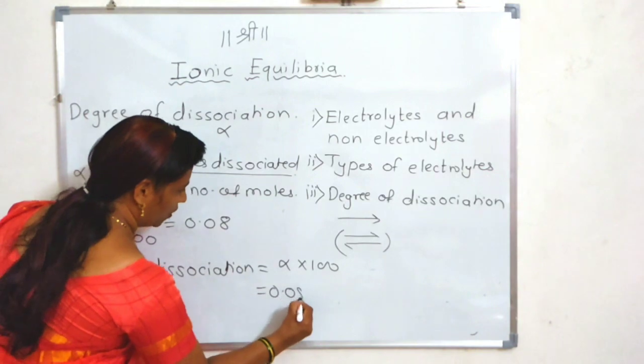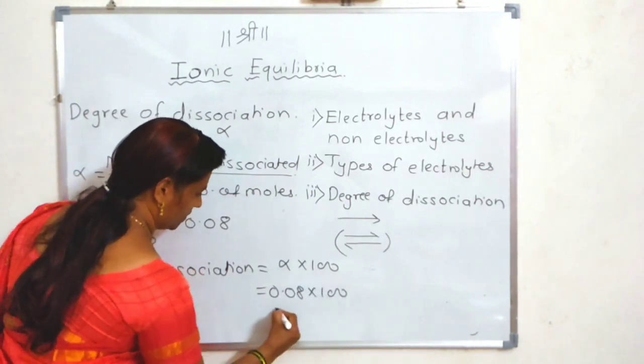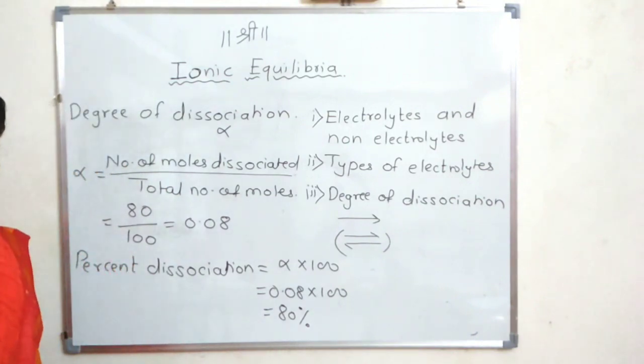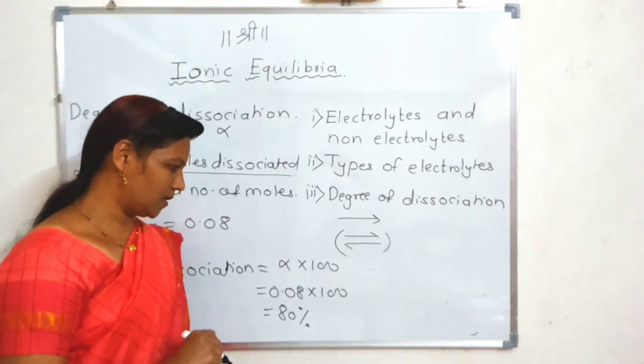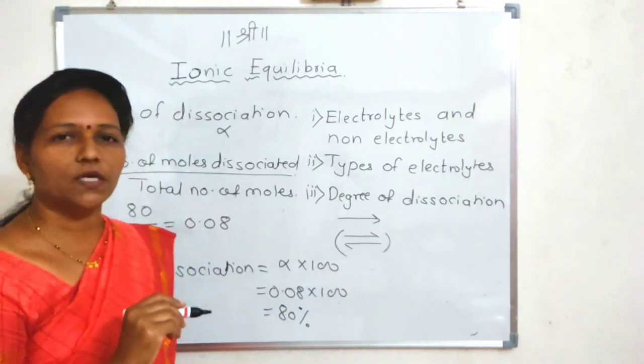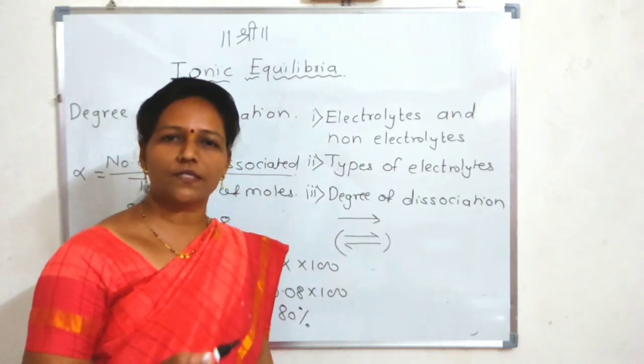Therefore 0.8 into 100, that is 80% dissociated.